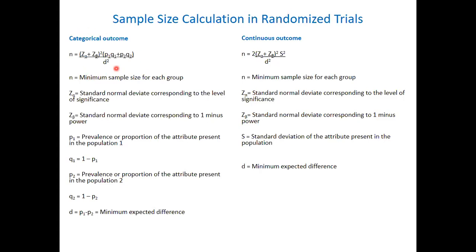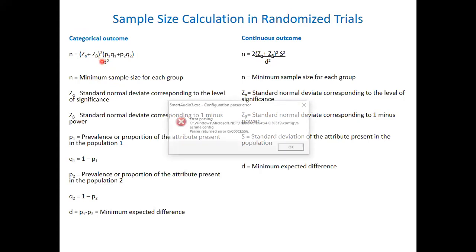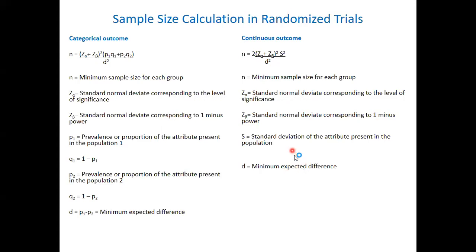As you see now, you may not see much difference between what we did for the comparative study and what you have here when you're having categorical outcome. But the only thing that may look different is this D square.